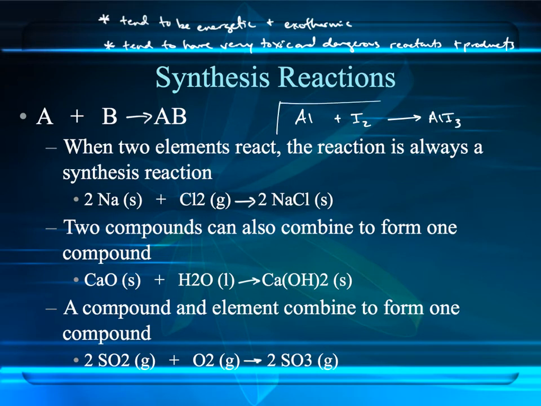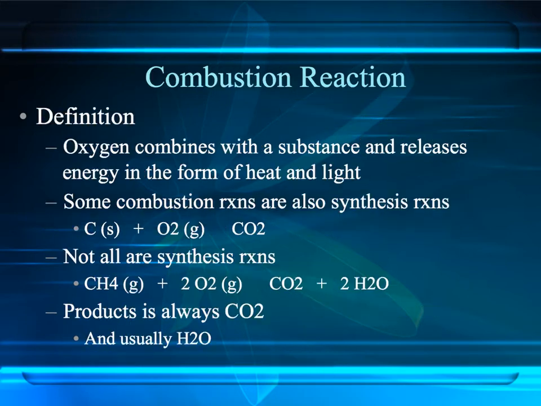You probably remember seeing that as the purple smoke reaction that let off a lot of iodine gas as the product was forming. So that was a synthesis reaction where we took powdered aluminum, ground up some iodine, put it together, put a couple of drops of water on it, took it outside, and then it reacted. So that is one that you have seen and probably one of the safer types of synthesis reactions.